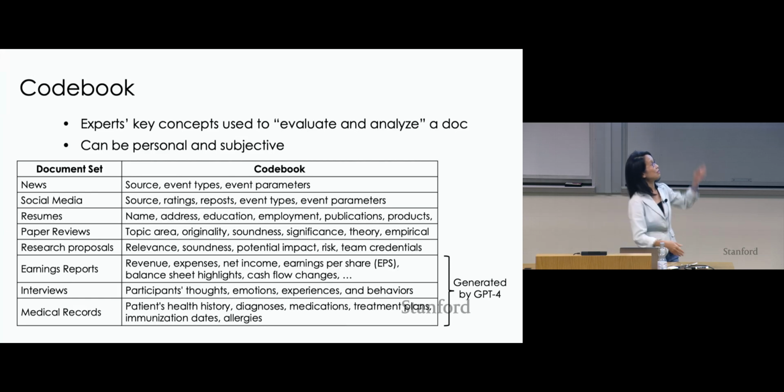We talked about the different data sets, and each data set has its own things that you worry about. If you talk about news, we will talk about where the source of the news is, what the events are, what the parameters are. For social media, maybe there are reposts and ratings to tell how popular it is. For resumes, the standard things everybody knows: names, address, education, employment, publications, and so forth.